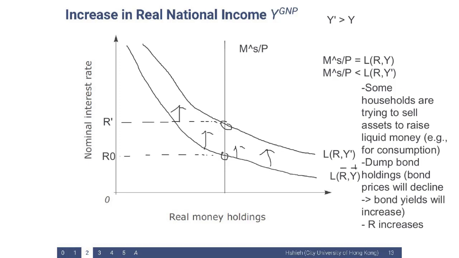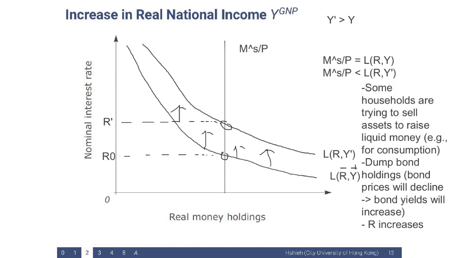So in this setting, we have a change in y such that y is higher than before. I'm going to denote y prime greater than y. Y feeds into one function here, right? The liquidity preference function. We know that L and y are positively related.